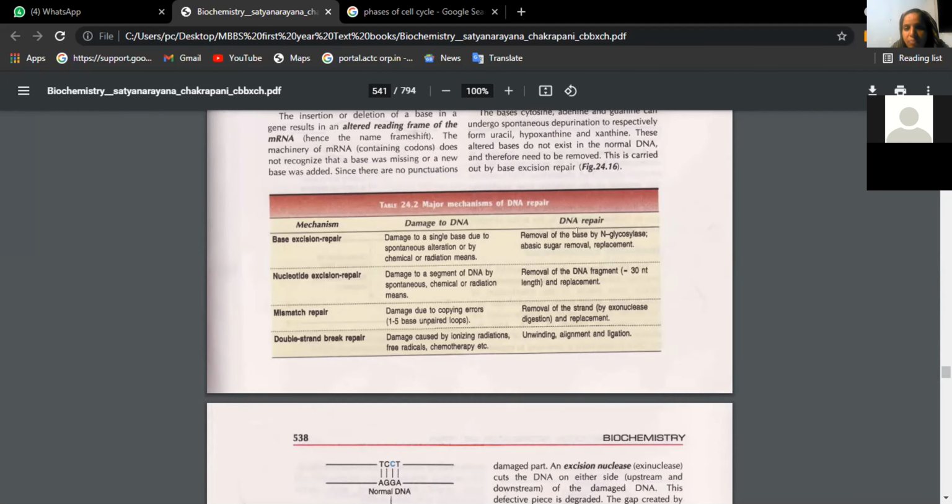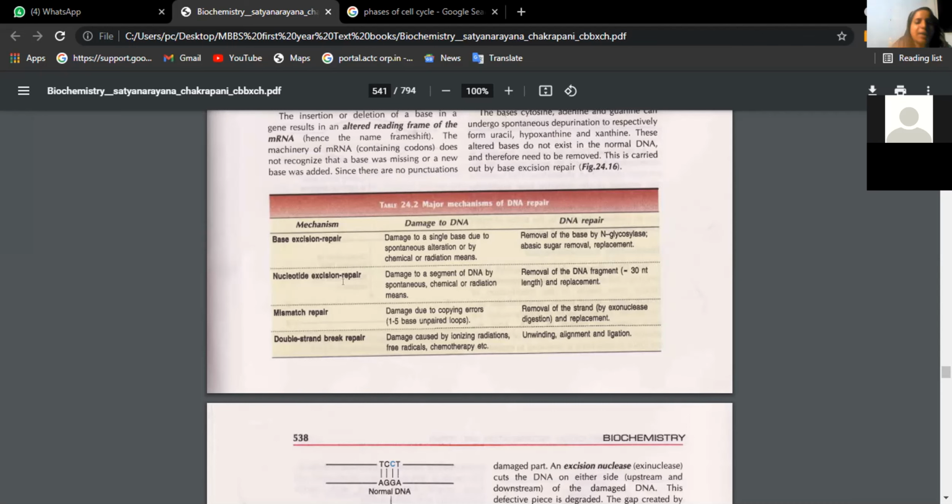So removal of base by N-glycosylase, this enzyme is repairing. Apurinic or apyrimidinic sugar removal and replacement is done by this N-glycosylase. That is one mechanism. Second thing is nucleotide excision repair.